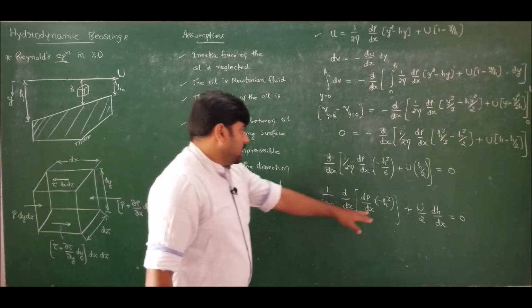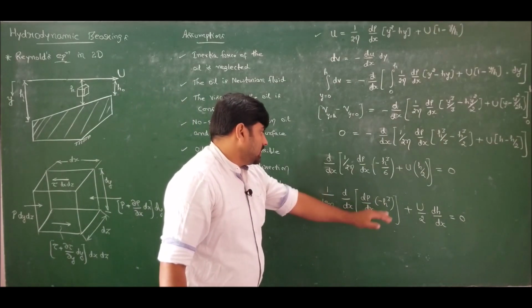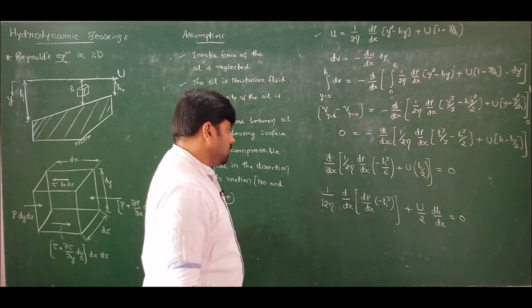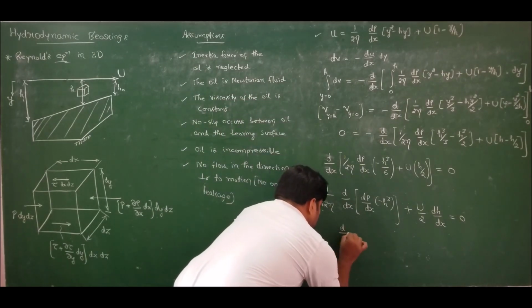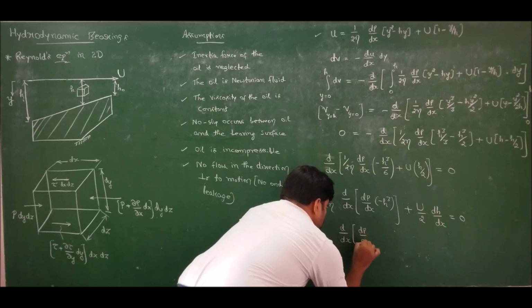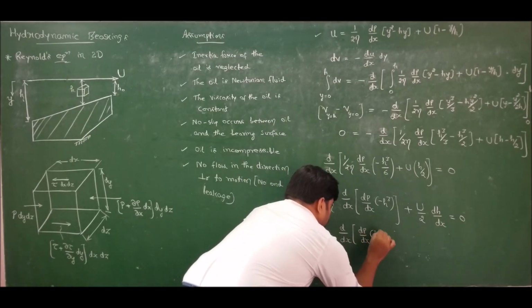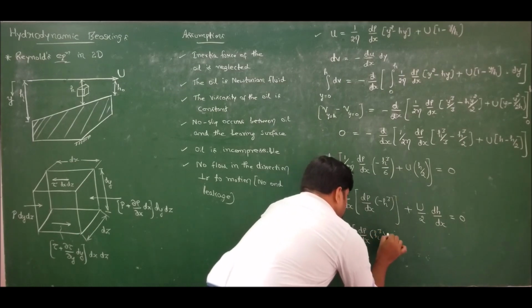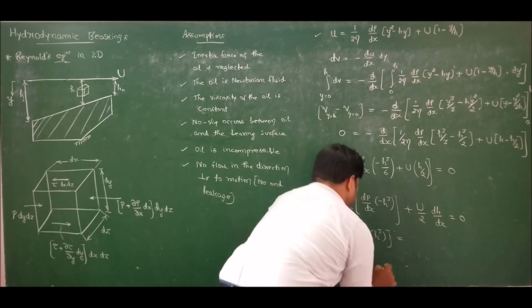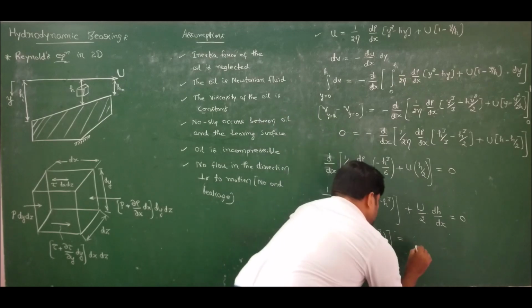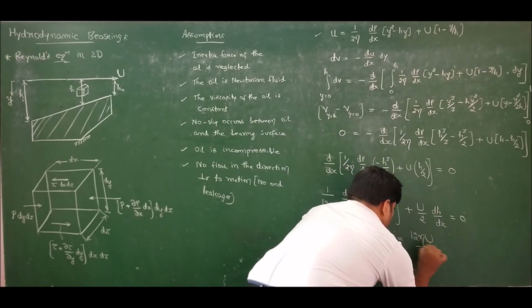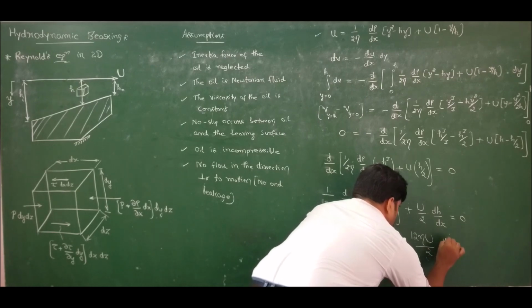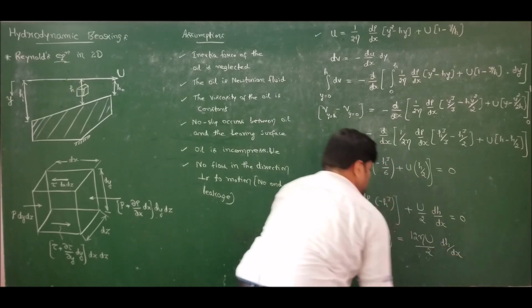Since I have a negative sign, I can take this to one side and this to another side. If I do that, I will get d by dx of dp by dx of h cube equal to 12 eta. If I send that side, it will be 12 eta u by 2 dh by dx.